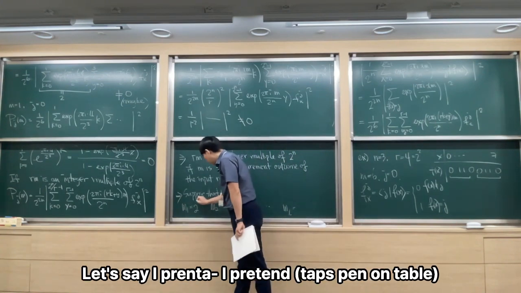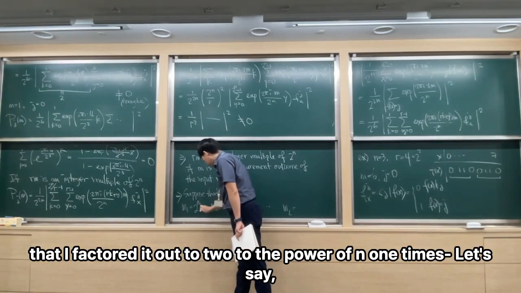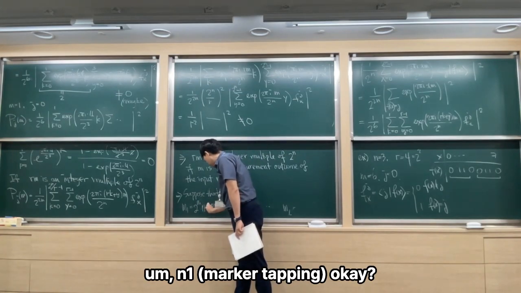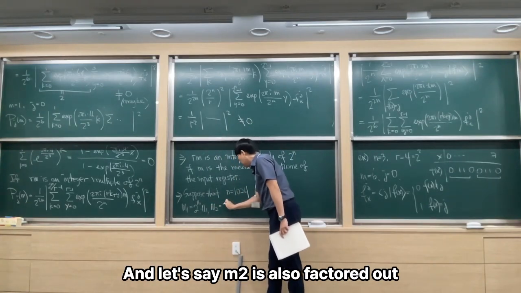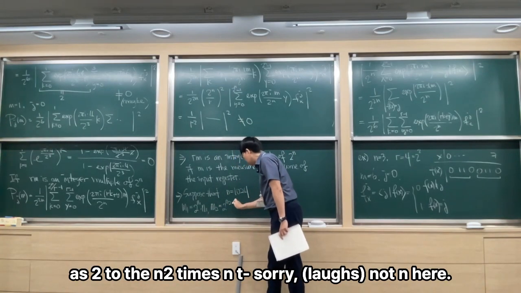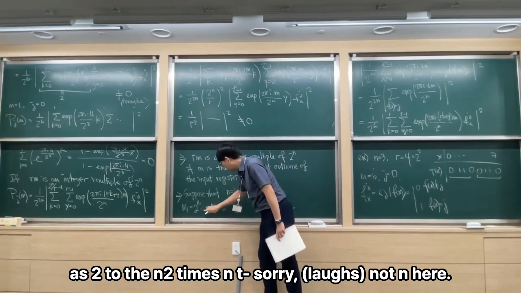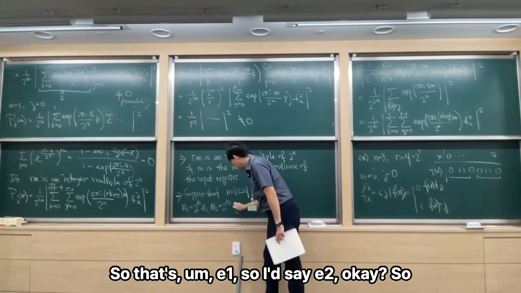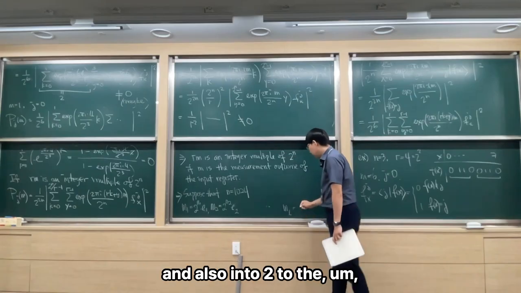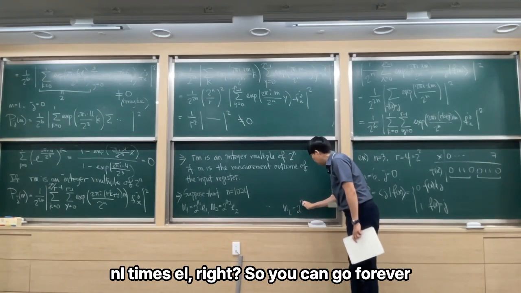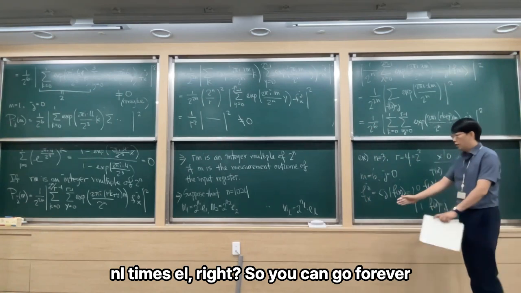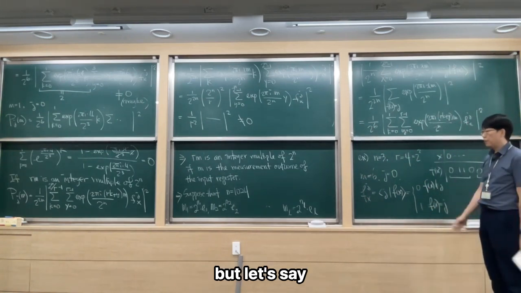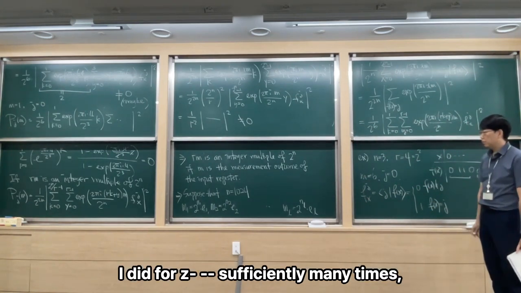Let's say I pretend that I factored it into 2 to the power of n1 times e1, so e1 doesn't contain any 2. And let's say m2 is also factored into 2 to the n2 times e2, and so on up to 2 to the nl times el, right?